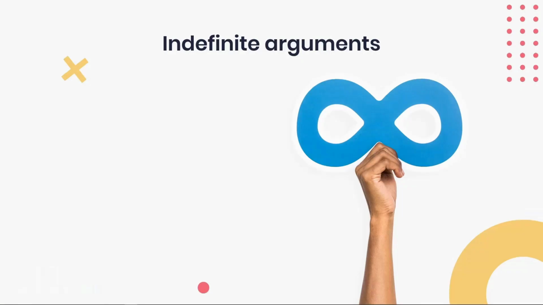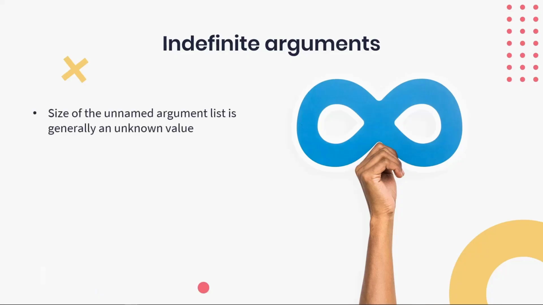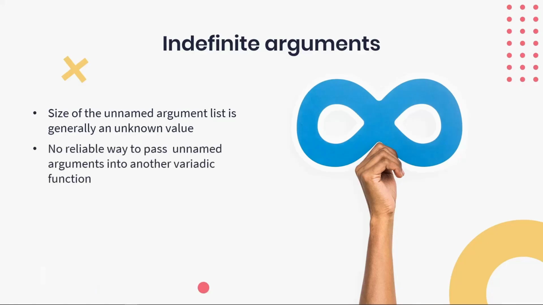Typically, the size of the unnamed argument list is generally an unknown value. Because of this, the calling conventions that are used by most compilers don't allow you to determine the size of the unnamed argument block pointed at by VA list inside the receiving function. There is also no reliable universal and foolproof way to pass these unnamed arguments into another variadic function.